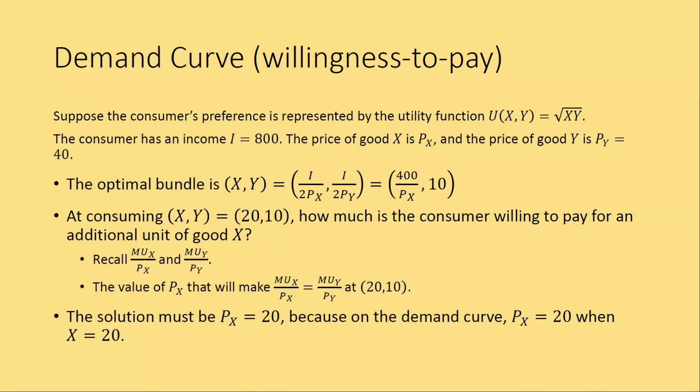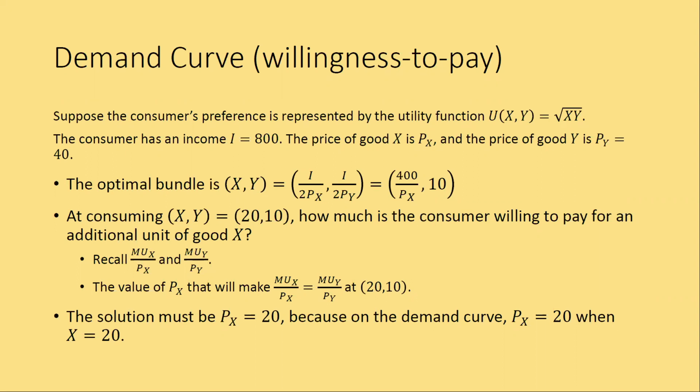The demand curve can also be viewed as a willingness to pay measure. So the point on the demand curve tells us how much the consumer is willing to pay at different points of the consumption bundles. Let's go back from the letters to numbers a little bit.